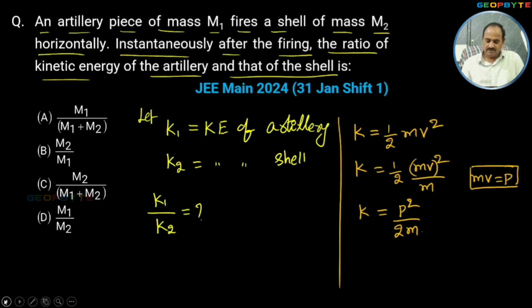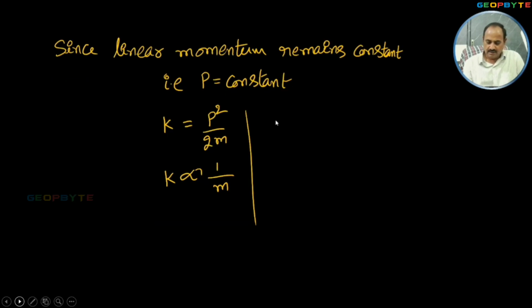But look at the mass of the artillery. Mass of the artillery is given m1 and mass of the shell is m2. Therefore, kinetic energy of the artillery divided by kinetic energy of the shell is equal to, since kinetic energy is inversely proportional to mass, m2 by m1.